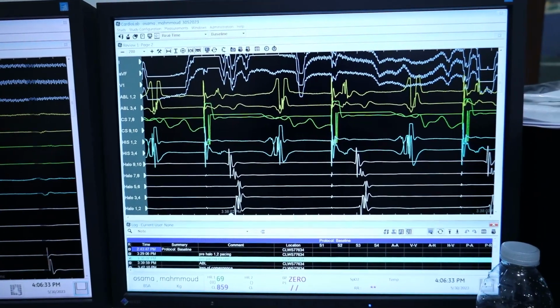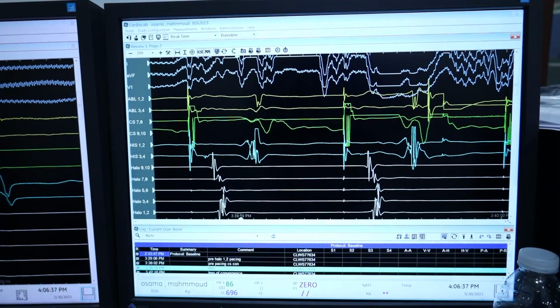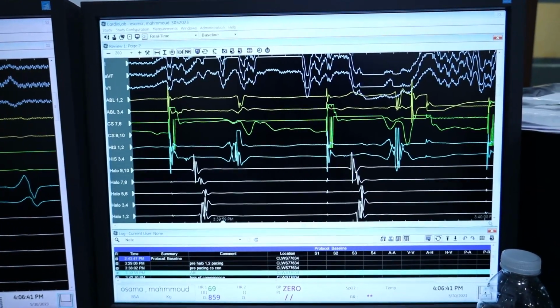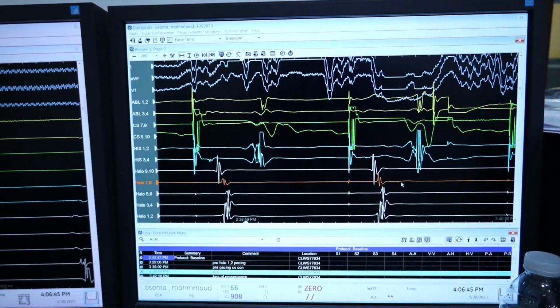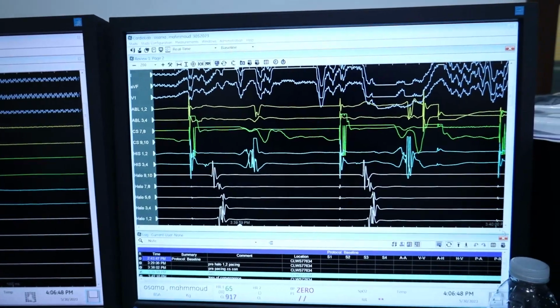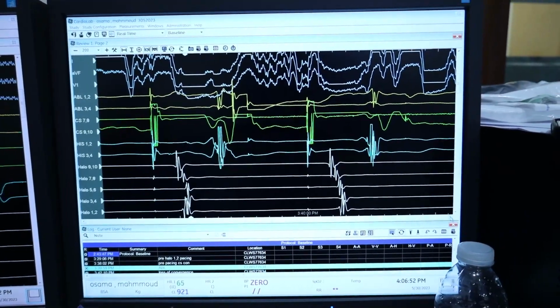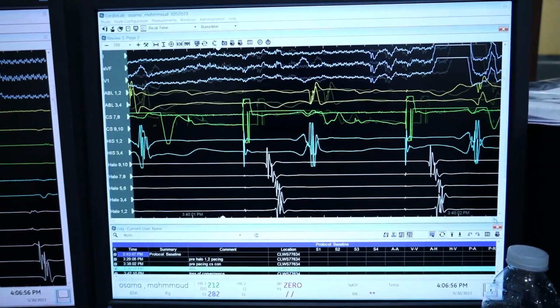So we started getting the signal of the tricuspid annulus at 6 o'clock, and on CS pacing we can see here the convergence, and we started ablation at the cavotricuspid isthmus.